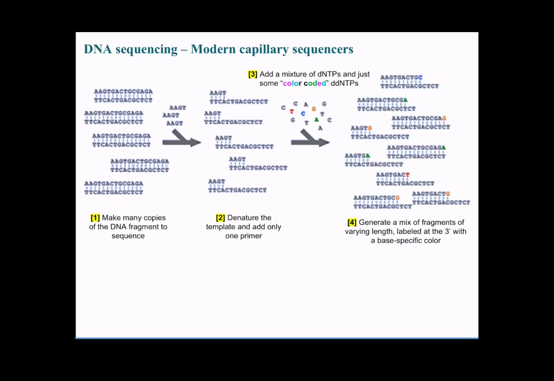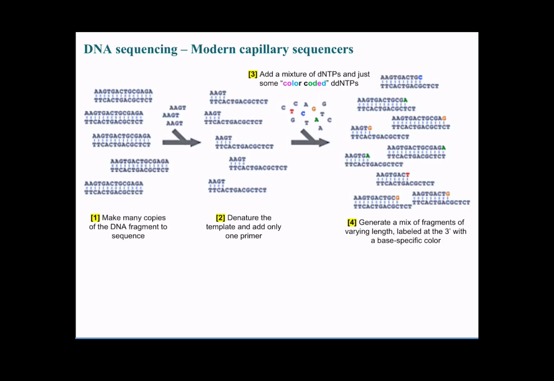So you run the synthesis, the extension from each of these primers, and as usual, you will generate a mixture of partially synthesized fragments, each of which will be truncated or finished at a given letter that, because it truncated the reaction because it was missing that hydroxyl, is also fluorescent.